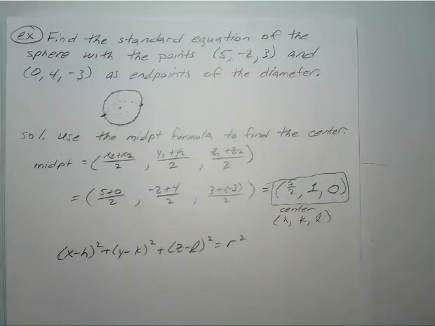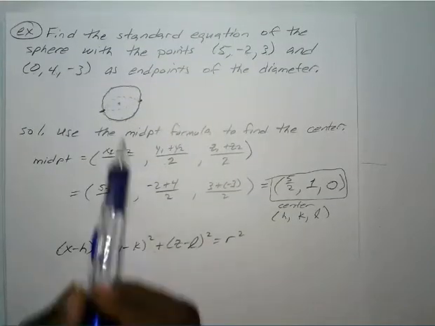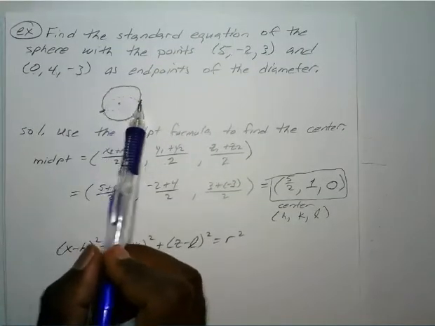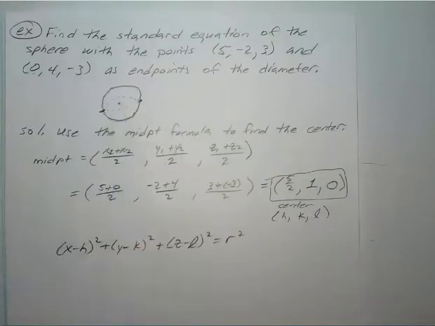Okay, but we're going to use the distance formula to find our r squared. We don't know that yet, but we can always use the distance formula because, remember, your r squared is just your radius. So if we can find just our r, we'll find the radius.